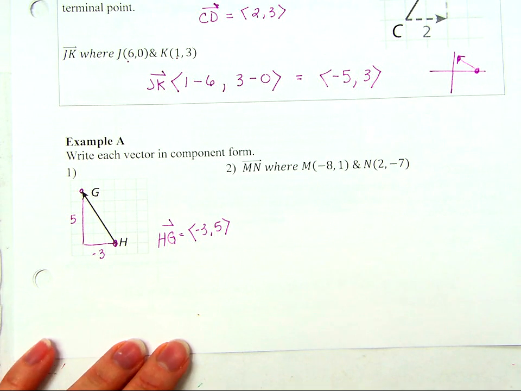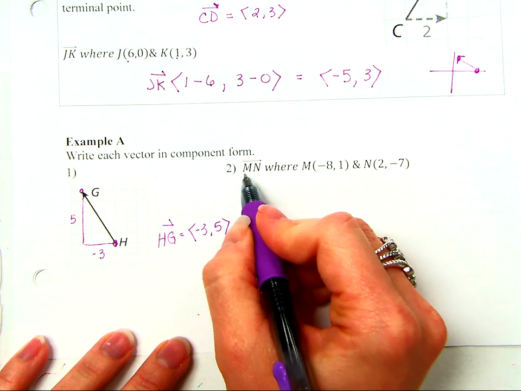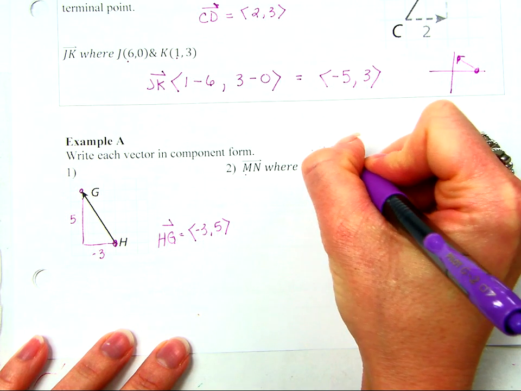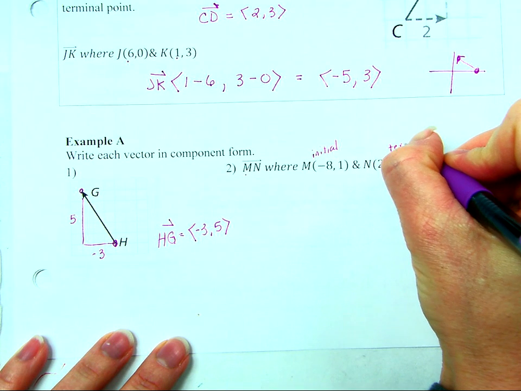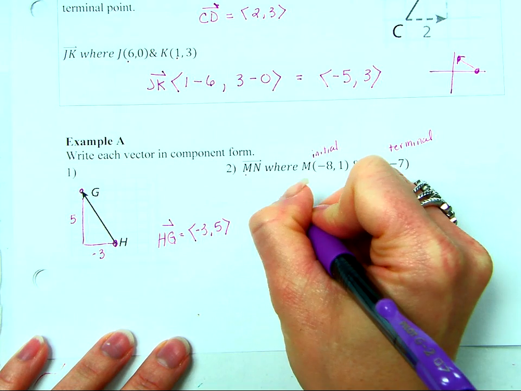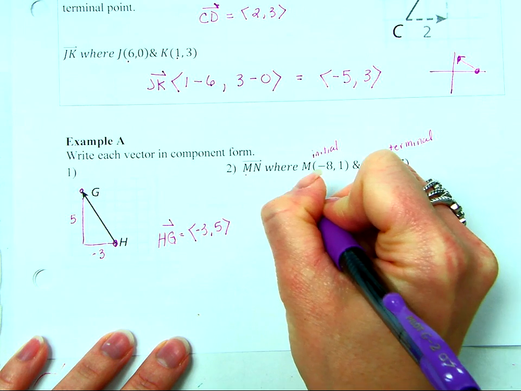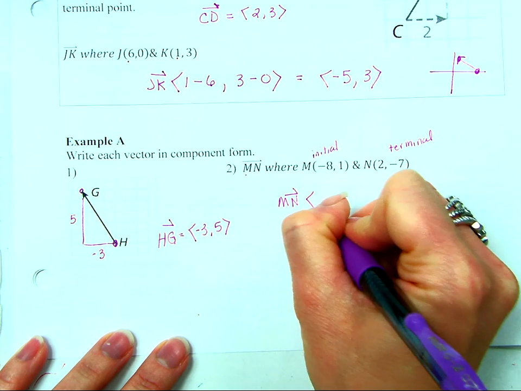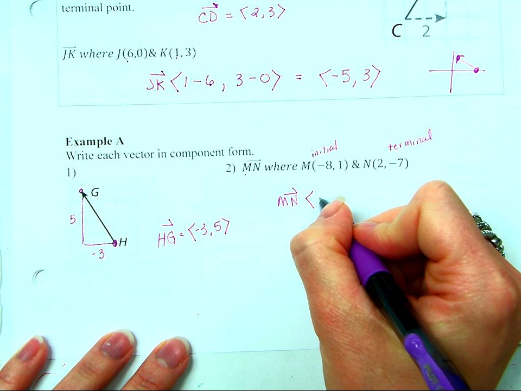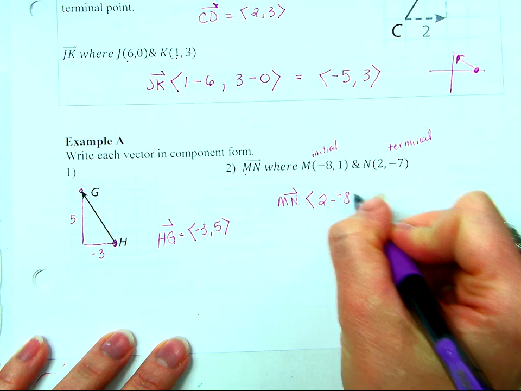My vector MN, well, because M is listed first, this would be my initial point, and this would be my terminal point. If I'm going to calculate in component form, then I need to know the change here. So we're going to take 2 minus -8.